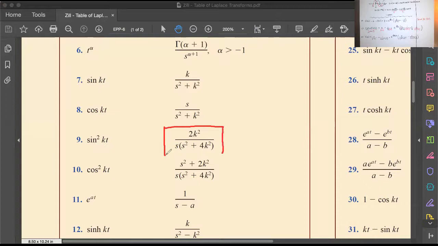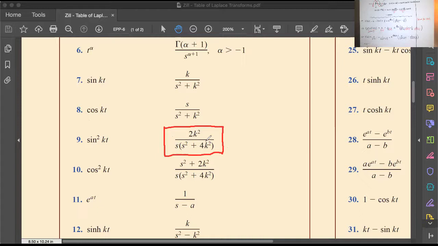I was looking for s times s squared plus k squared. This one has an s times s squared plus 4k squared. That 4k has to do with the fact that this is a sine squared. But notice you've got a constant in the numerator, and we've got an s times s squared plus a constant squared, which will work with what we have right here. So I'm going to write this entry down from my table.